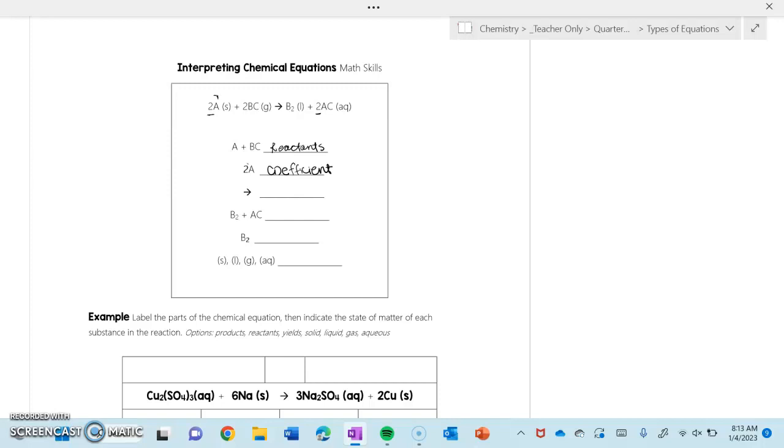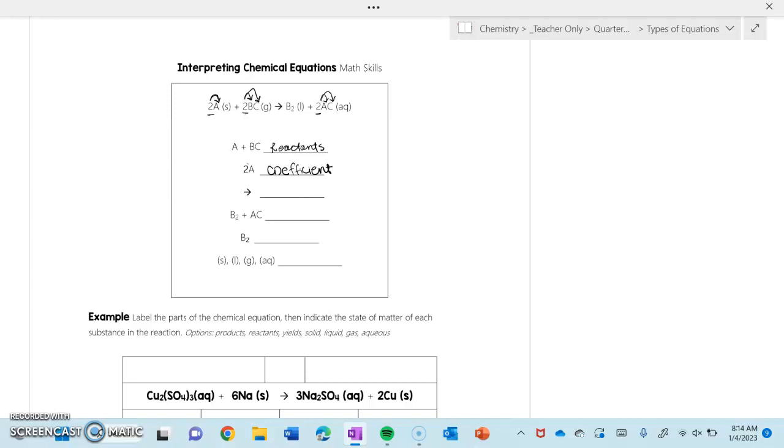So in this substance it's just A, but in this one we have A and C. So it's kind of like distribution. Again, here this would be B and C. Whenever you have a coefficient in the front, you multiply it to each atom inside of that compound or element, whatever the molecule is.